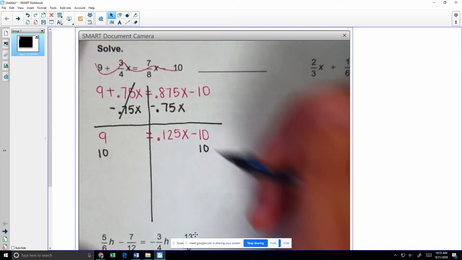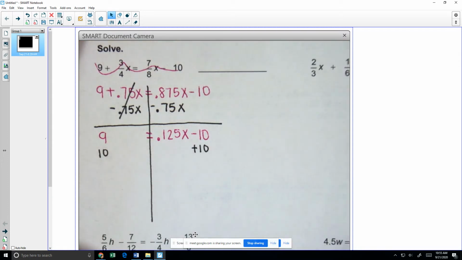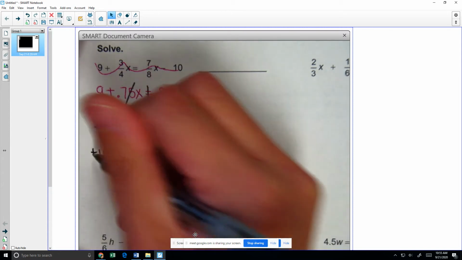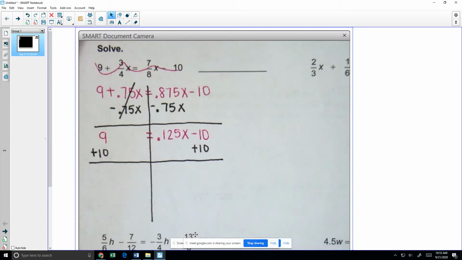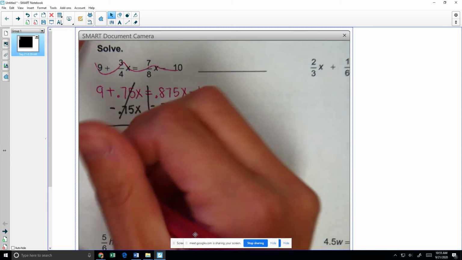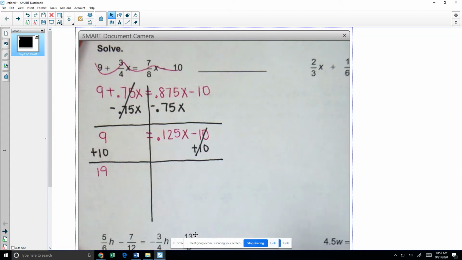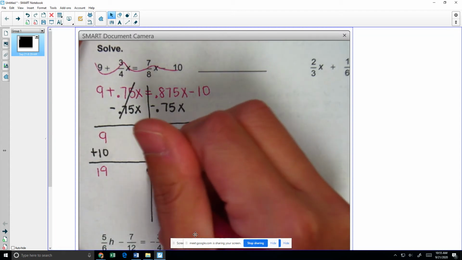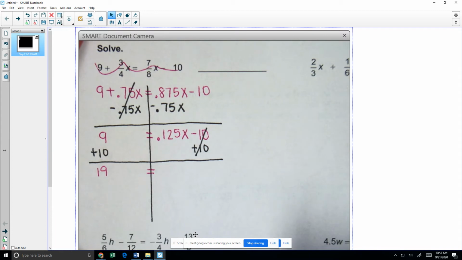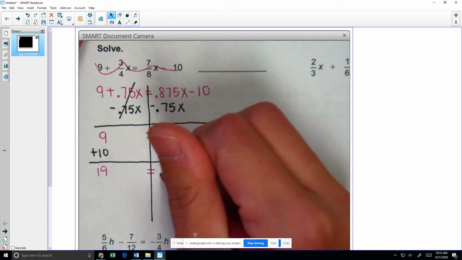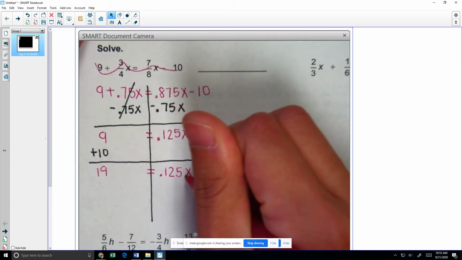Plus is opposite of minus. So I'm going to add 10 to both sides. And so that's why that cancels out. So now 9 plus 10 is 19. And then I have equals 0.125x.